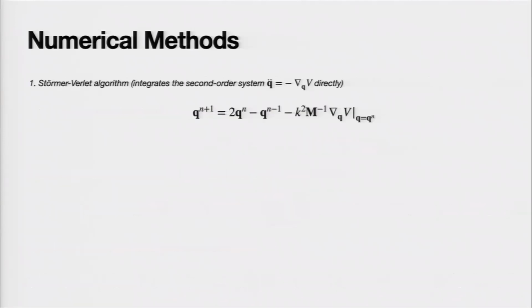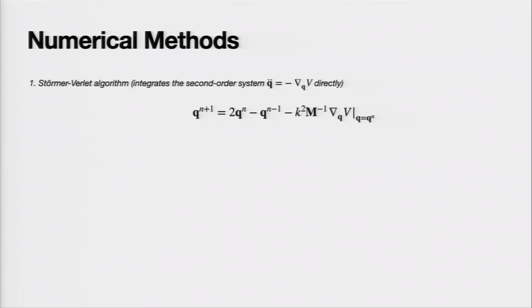So let's look at Störmer-Verlet first. This is probably the easiest scheme you could think of. You just integrate the continuous equation using a very simple approximation of the second time derivative. And then, everything that happens here, it doesn't matter, because all you're doing is evaluating the gradient at the current time step.